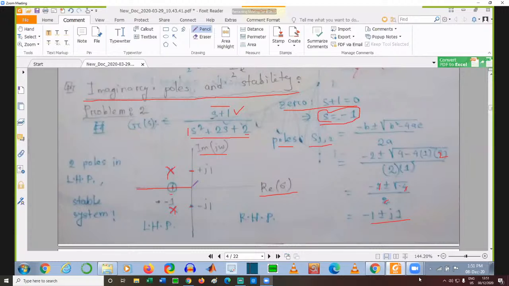So always remember that if you have imaginary poles, they always come together as the mirror of one another. So if one pole is minus 1 plus j1, the other pole must be minus 1 minus j1, because they are the mirror of each other.